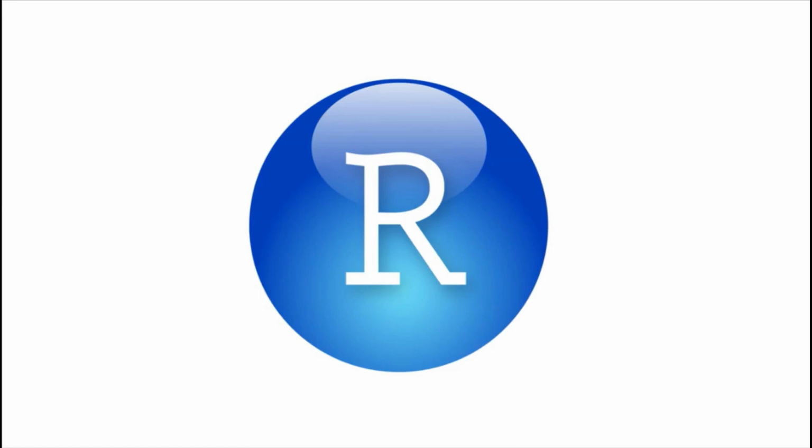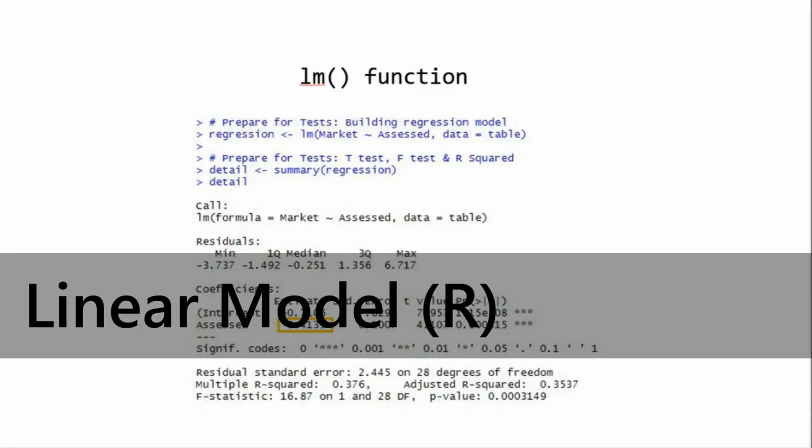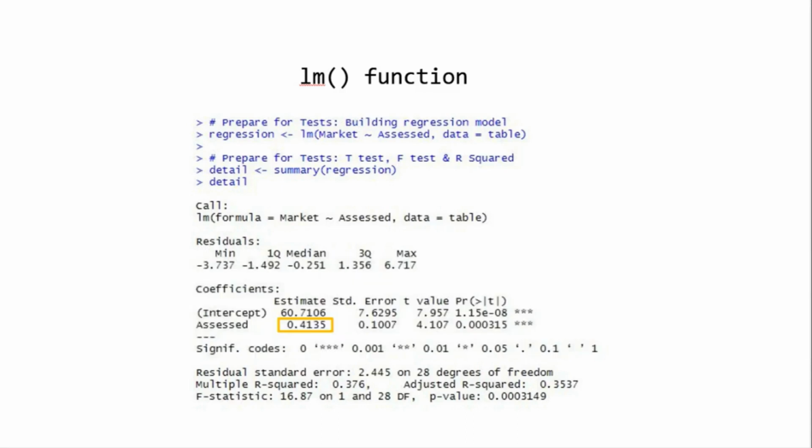For the R counterpart, most of the analysis results are the same as what is output by Excel. Thus, we'll go through some common results interpretation at a faster rate. In R, after all the data has been imported, the lm function is called with the imported dataset as the second argument. The first argument is the formula of the regression model.